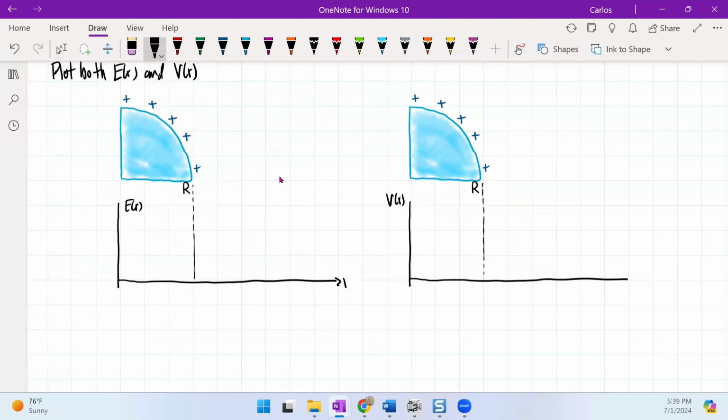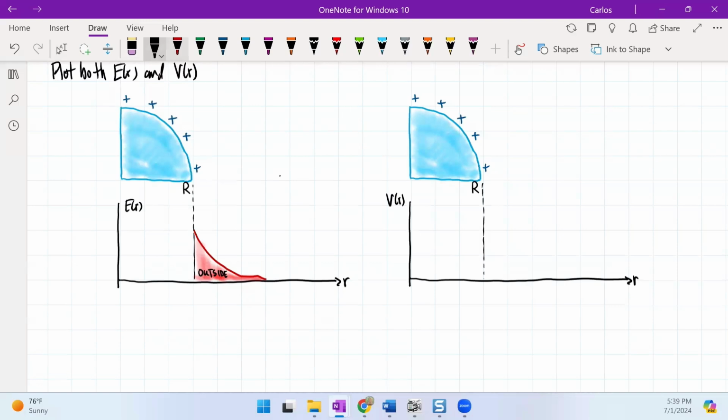And of course, this is R, this is R. So what we see about the electric field, as we've already talked about, is that the electric field comes all the way to the surface and it gets its maximum value right here. So when I'm looking at this thing, we're talking about this is the outside.